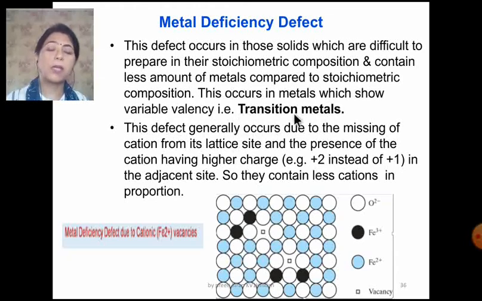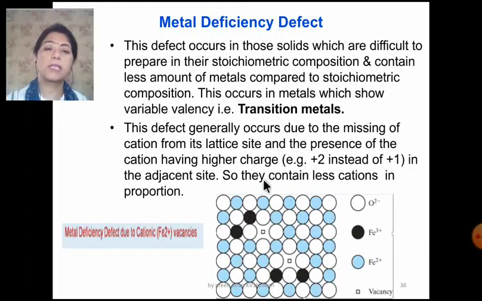As you know the example of copper, Cu+ and Cu2+, the cuprous and the cupric. And in the same way iron also, Fe2+, that is ferrous, and Fe3+, ferric. Such metals which show variable valency show this defect, the metal deficiency defect.